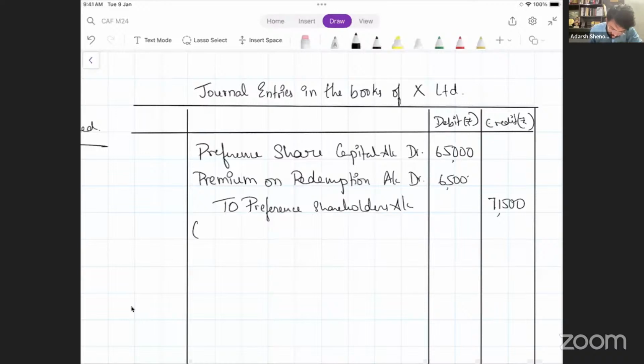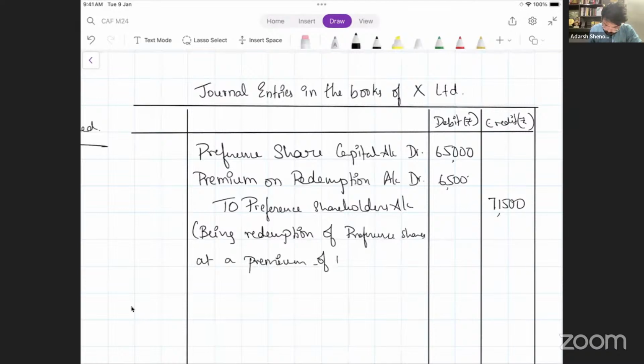Being redemption of preference shares at a premium of 10% announced. Done. One entry, the due entry.